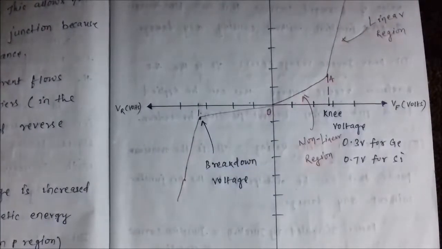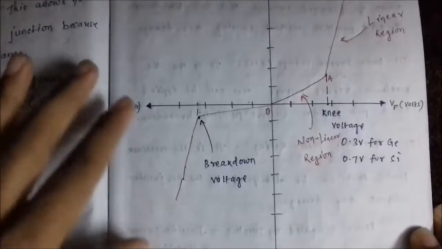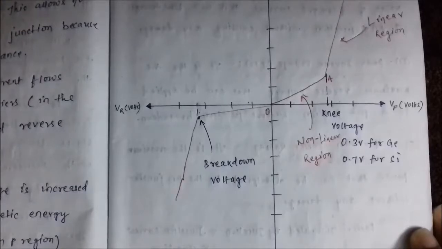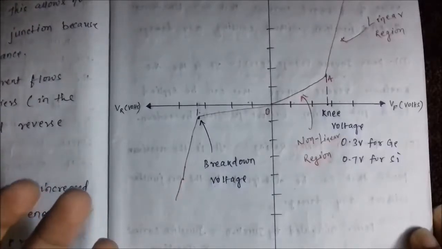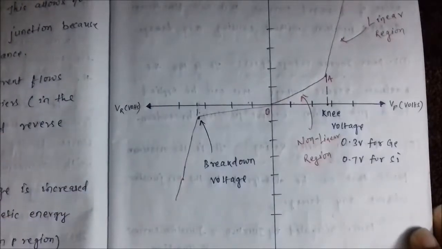When a forward voltage is applied across a PN junction, that is, as I told you earlier, when the P-type end is connected to the positive terminal of the battery and the N-type end is connected to the negative terminal, it becomes forward biased.